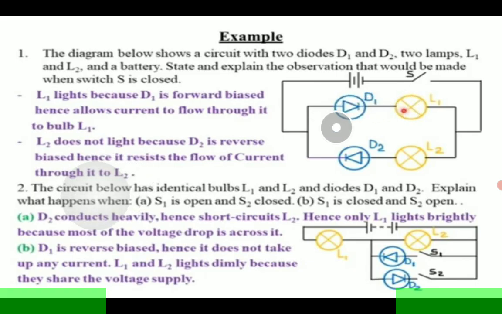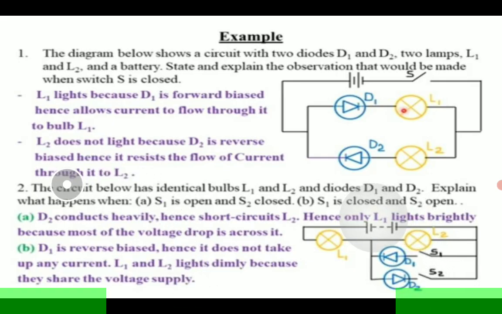It has to do with D1, diode 1, being forward biased, allowing current to flow through it, thereby lighting the lamp L1, and D2 being reverse biased, thereby not allowing current to flow through, therefore lamp 2 will not light. All right, okay.